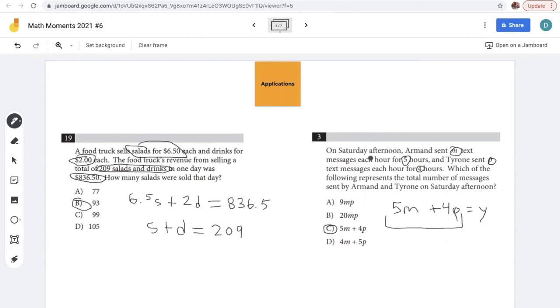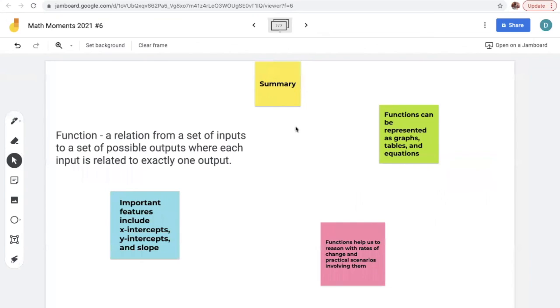So these are just a couple of applications for functions, and that's basically all you really need to know about functions at this stage. Your teachers in high school and middle school will go over them more in depth. So to summarize, a function is a relation from a set of inputs to a set of possible outputs where each input is related to exactly one output.